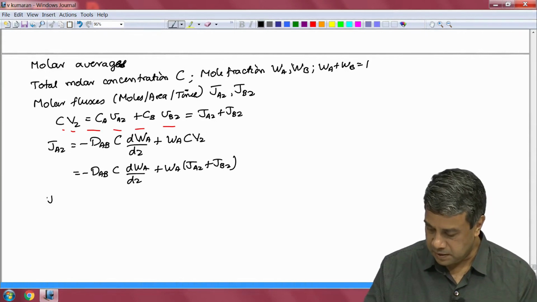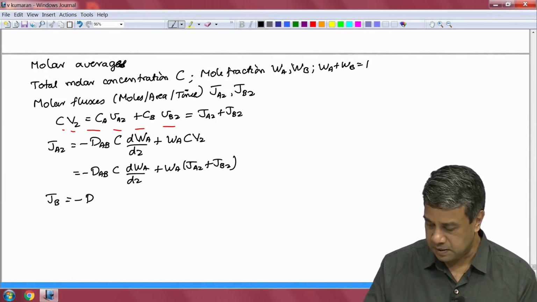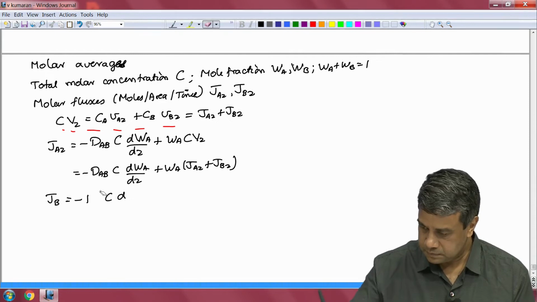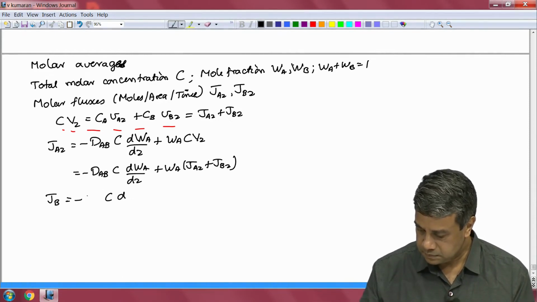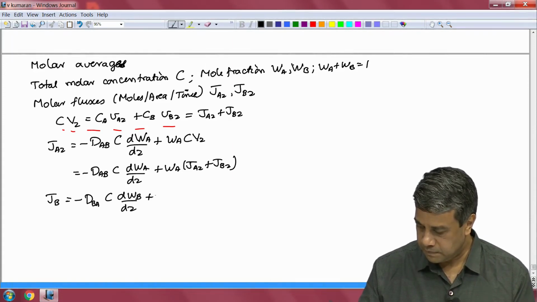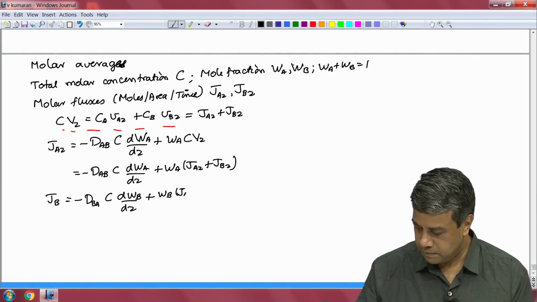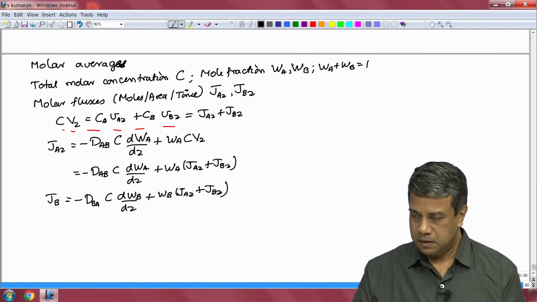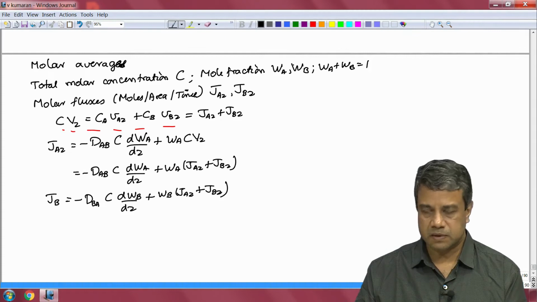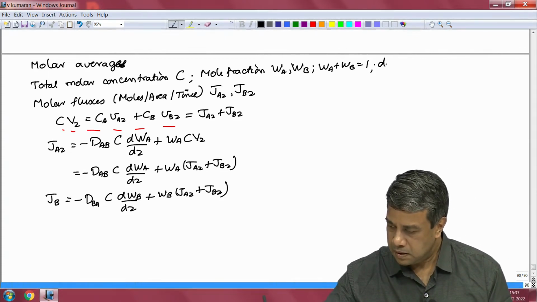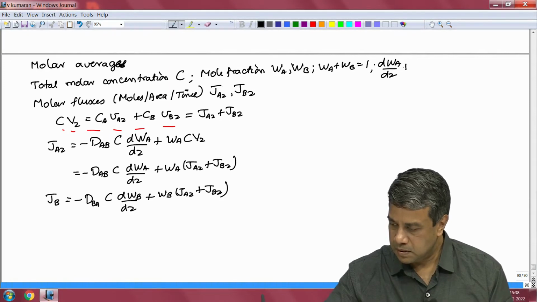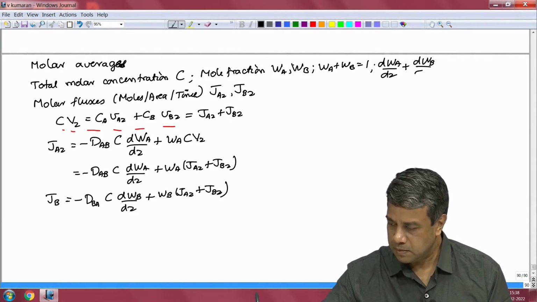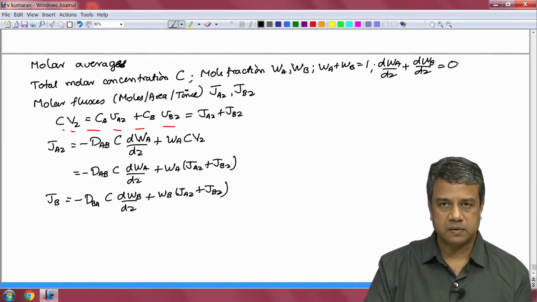Similarly, for species B, this would be written as JB equals minus DAB C dWB by dz plus WB into JAz plus JBz. And since we have the relation WA plus WB equals 1 and dWA by dz plus dWB by dz is equal to 0, we have these two relations.